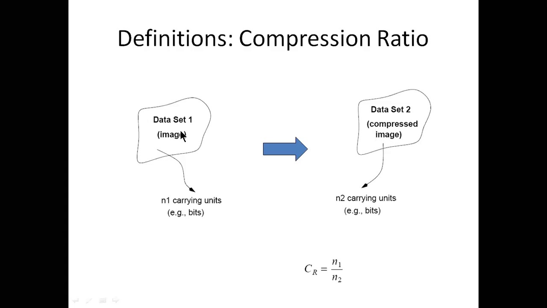Data set 1 is carrying N1 carrying units, and this compressed image is carrying N2 units. So I want to know the compression ratio. The original image carries how many bits? N1 bits. The compressed image carries how many bits? N2 bits.